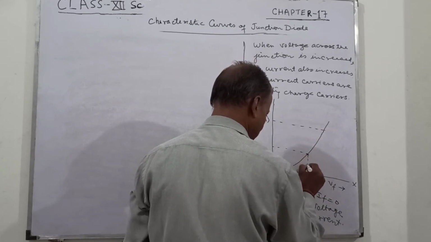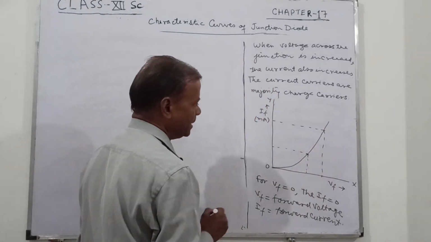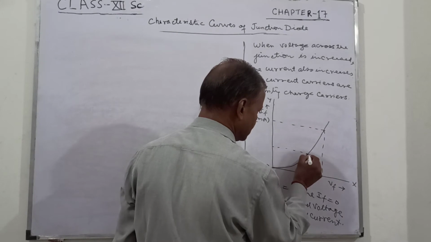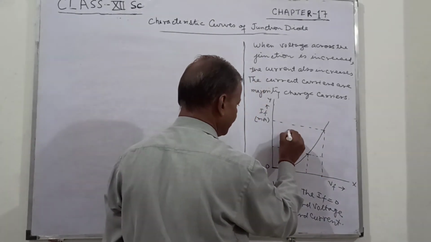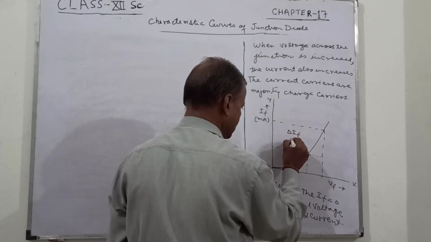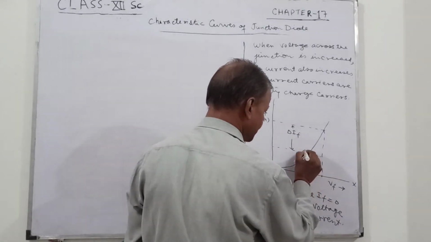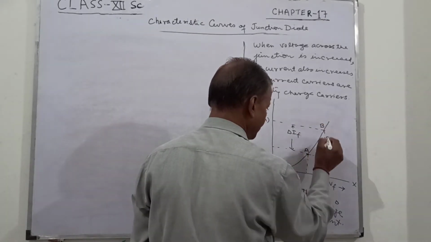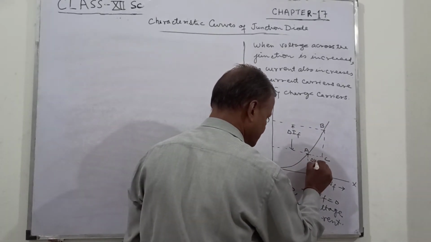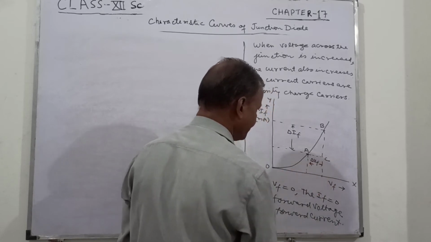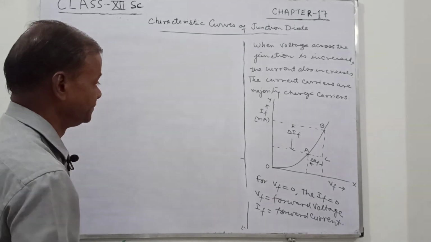If you drop a perpendicular on this axis like this, this will give you delta If and this will give you delta Vf. This is, suppose, point A, this is point B, this is point C. So this will give you the dynamic resistance.